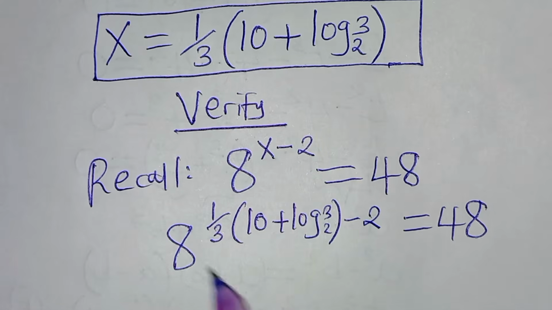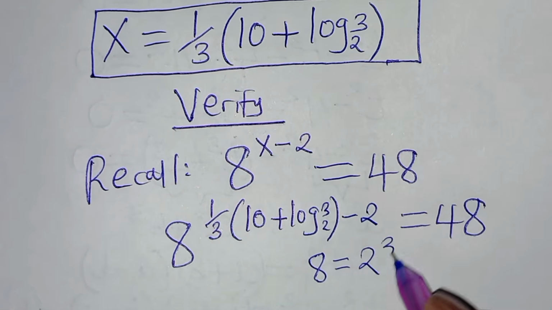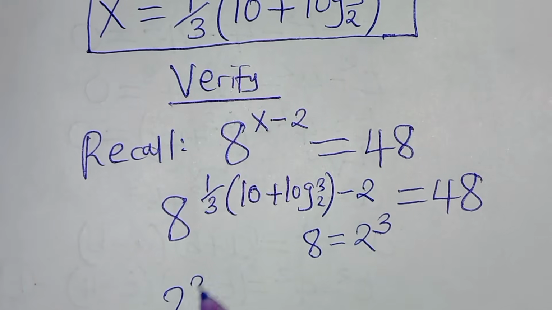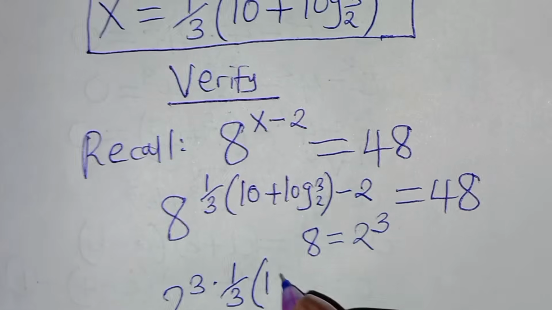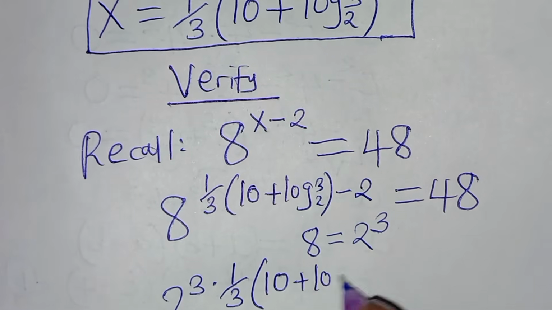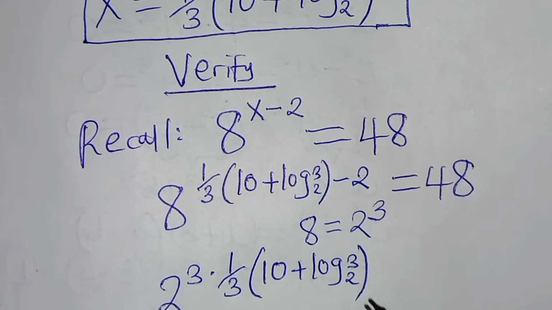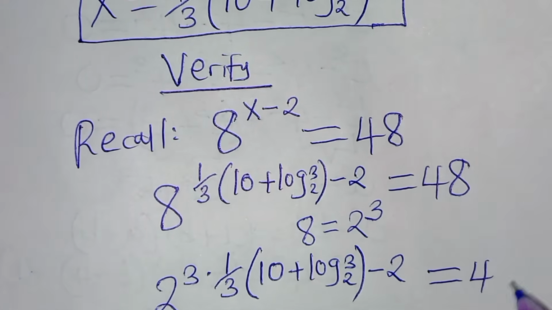So we can express 8 as 2 to the power 3. Let's substitute this. So this is 2 to the power 3 times 1 over 3 into the parentheses 10 plus log 3 to base 2, subtract 2. This should give us a value of 48.